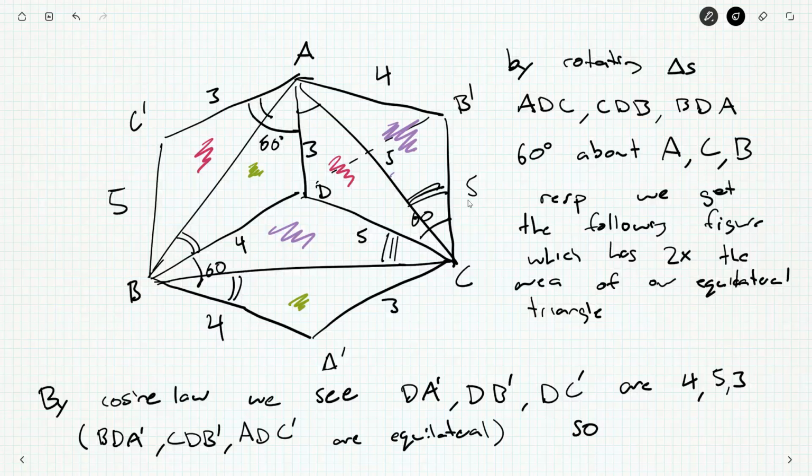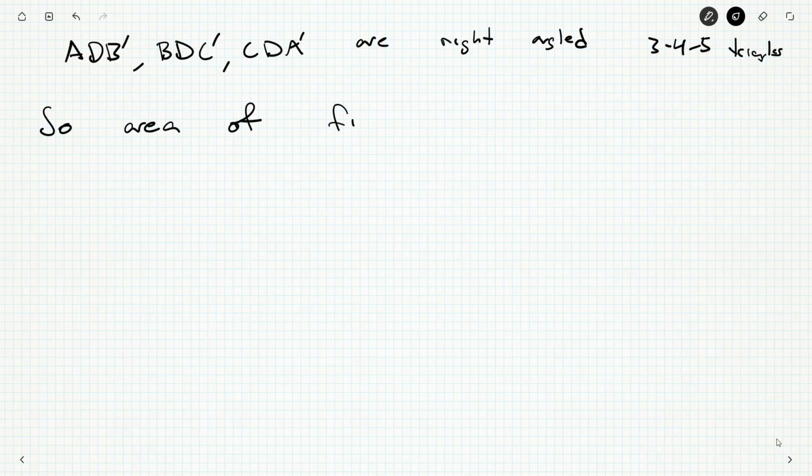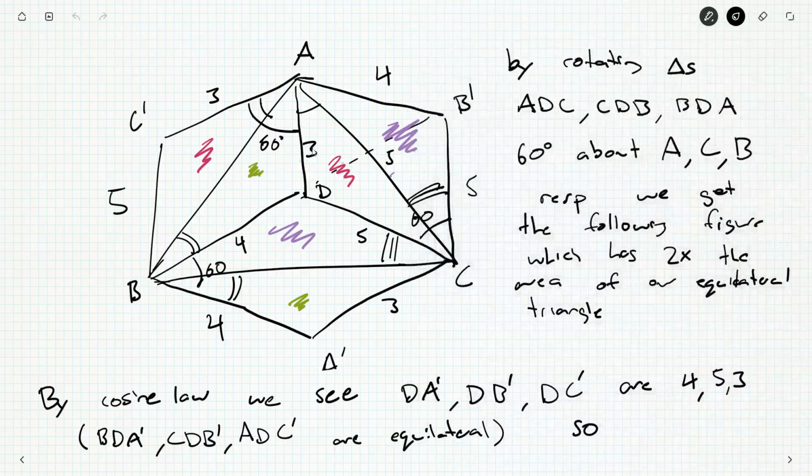So from there we can get the right angles. So ADB prime, BDC prime, and CDA prime are right angled. In fact, they're 3, 4, 5 triangles. So the area of the figure is, and let's go back and make sure we have these right, ADB prime, yeah, that's the right angled one.